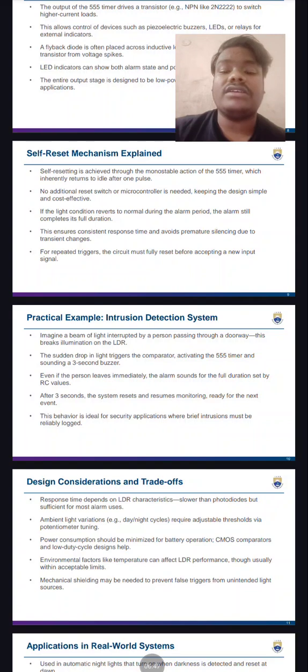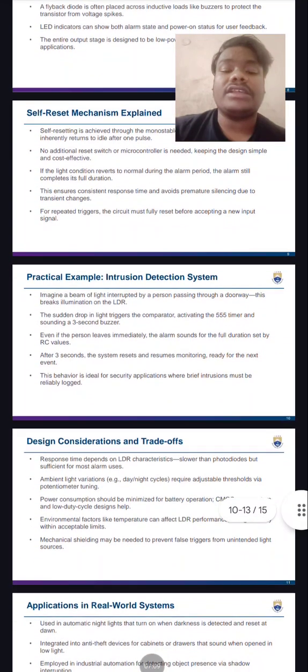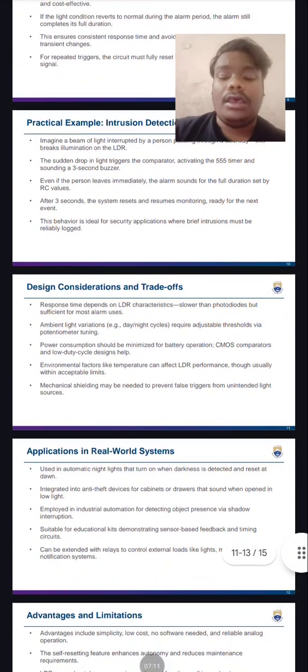If the light condition returns to normal during the alarm period, the alarm still completes its full duration. This ensures a consistent response time and avoids premature silencing due to transient changes. For repeated triggers, the circuit must fully reset before accepting a new input signal.